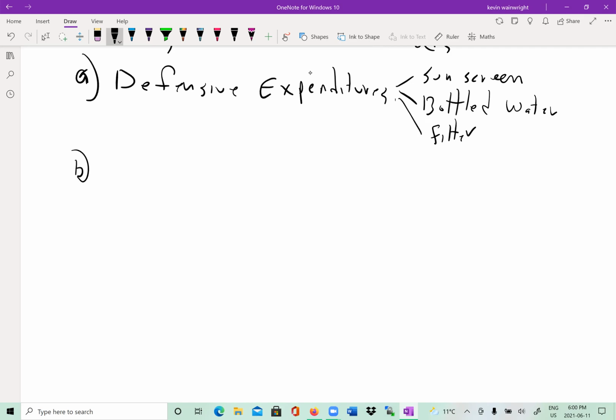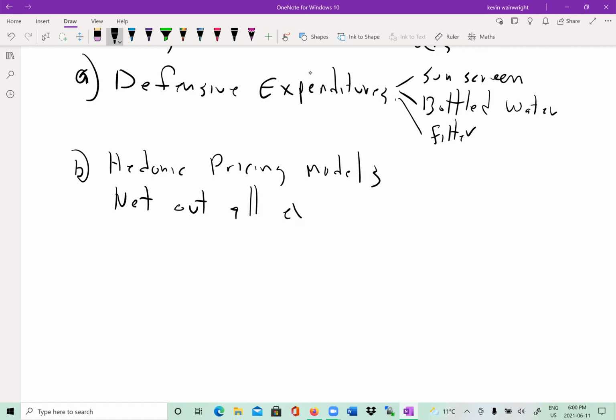The other method, B, that we look at is known as hedonic pricing models. And hedonic pricing models tend to net out all explainable value, right?